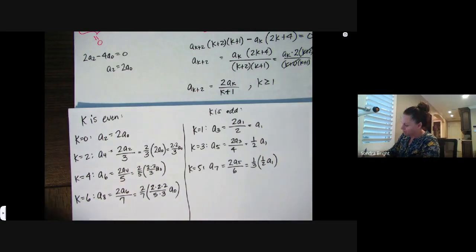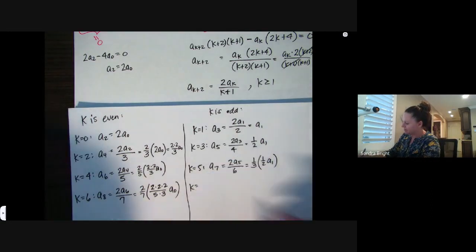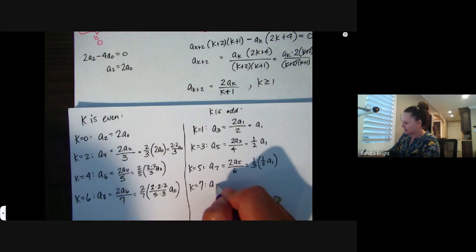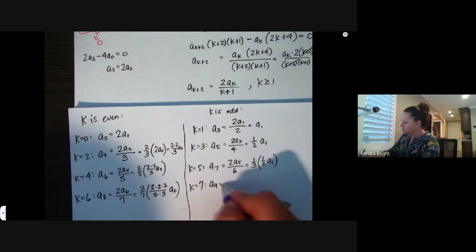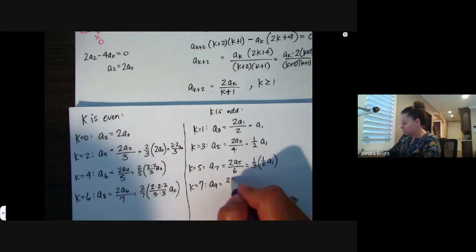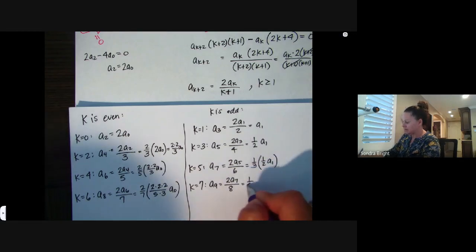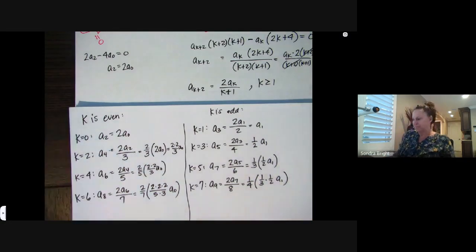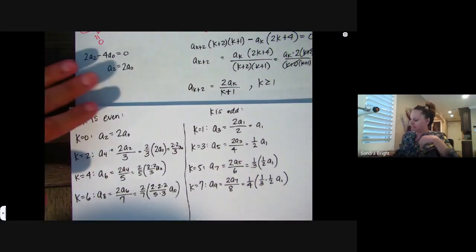And then when K is 7, you would have A9 is equal to 2A7 over 8. So that's a 1/4 times, and A7 was 1/3 times 1/2 times A1. Okay, so do you see the pattern?